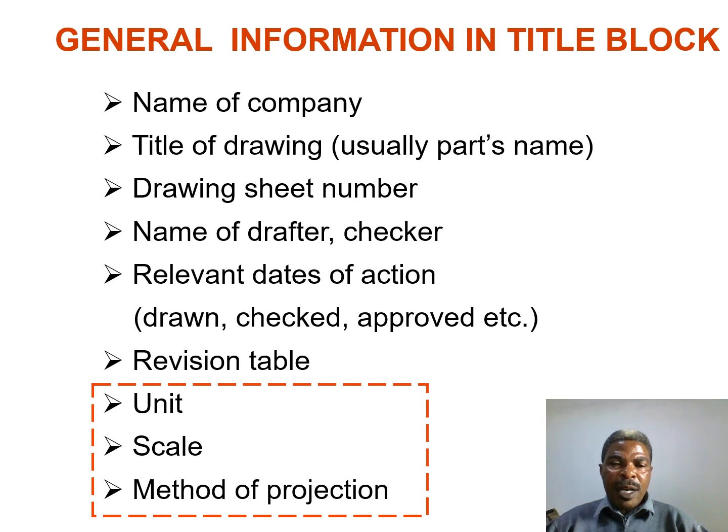So we have the name of a company or institution, the title of the drawing, usually the part's name, the drawing sheet number, how many drawings have you performed, and the name of the drafter or checker, followed by relative dates of the action: when it was drawn, checked, approved, something like that, and a revision table. Also the unit employed, scale, and method of projection, that can be first angle or third angle projection, whichever was employed.